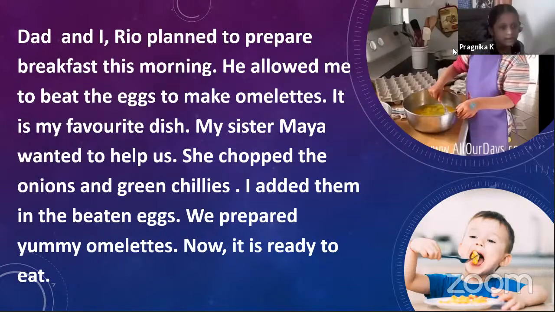Is my favorite dish. My sister Maya wanted to help as she chopped the onions and green chilies.